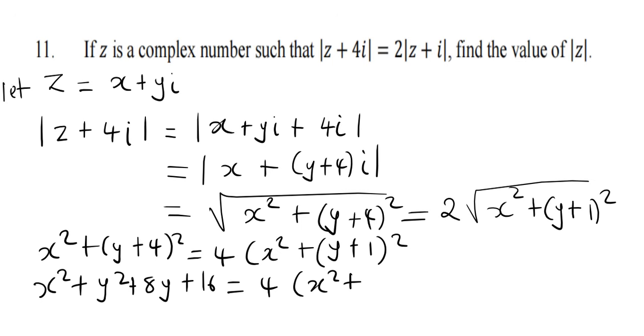Okay, when I solve what is in the bracket, let me just distribute it in advance. A 4 multiplied by x squared, I'm going to have 4x squared, plus the 4 in front, so I'm going to have 4y squared, and then plus 8y, because we're going to have a 2 there, and then plus the 1 squared is 1, multiplied by the 4, I'm going to have a 4.